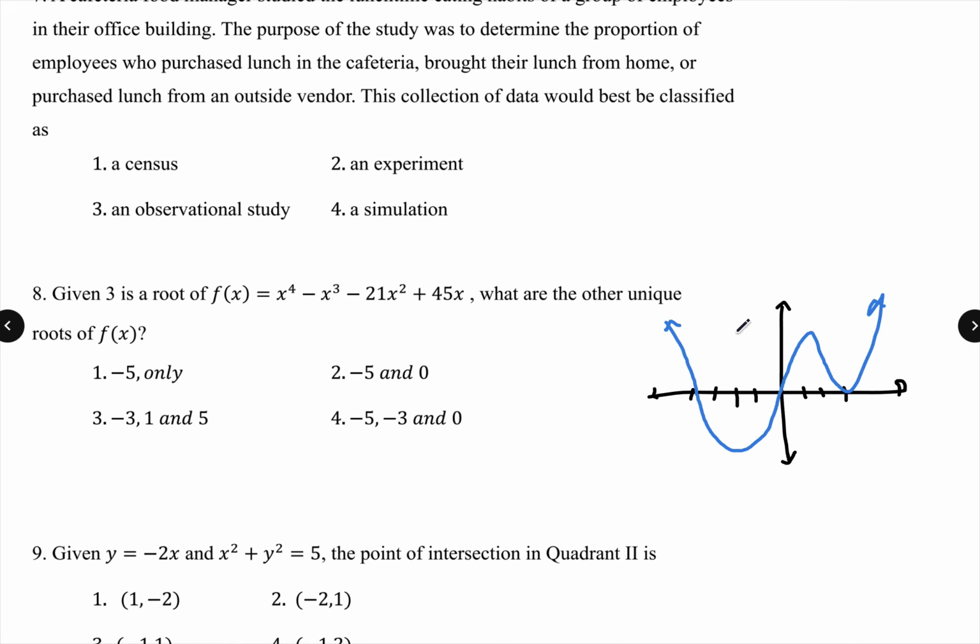Since it kind of reflected right off the x-axis here, this would be a root that would show up twice. So the root 3 actually shows up twice, and the other two, -5 and 0, where they cross the x-axis, would be my other unique roots. So my answer choice would be answer choice number 2.